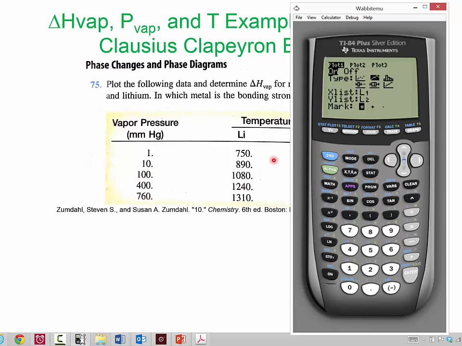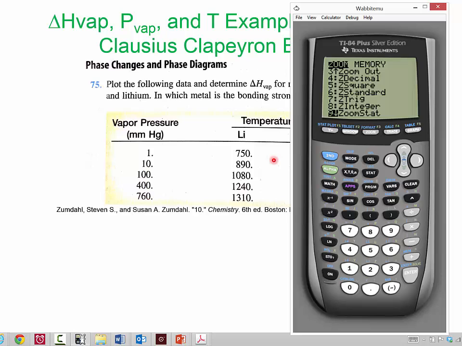So now I go over to graph. Okay, and we see our points here. What you guys are probably going to see is the graph look like this, because the standard scales are a lot bigger than normal. So how do I get this to zoom in? I go to zoom, and then I go down to ZoomStat.